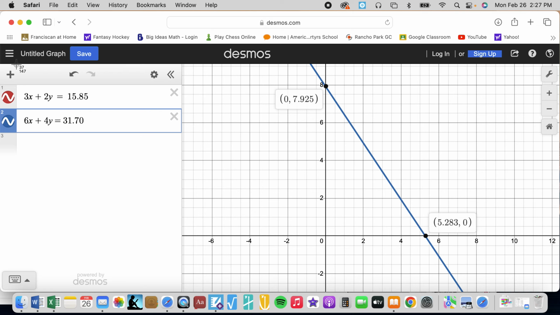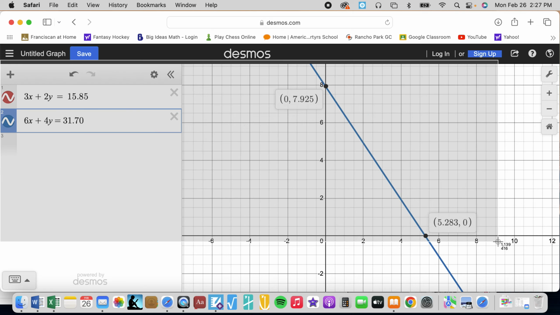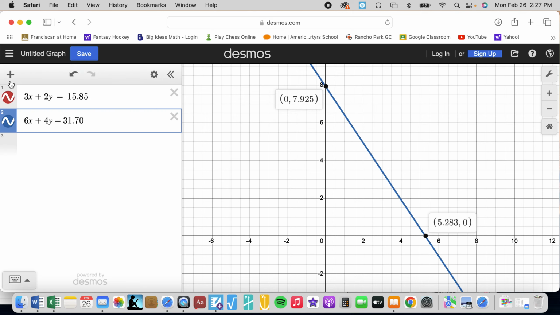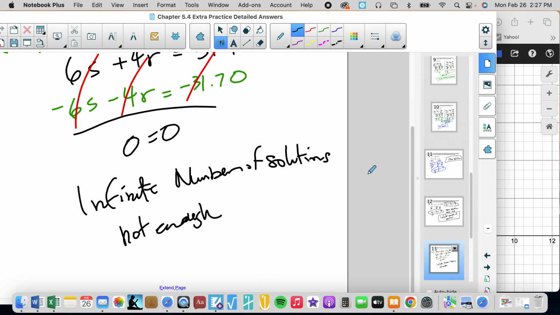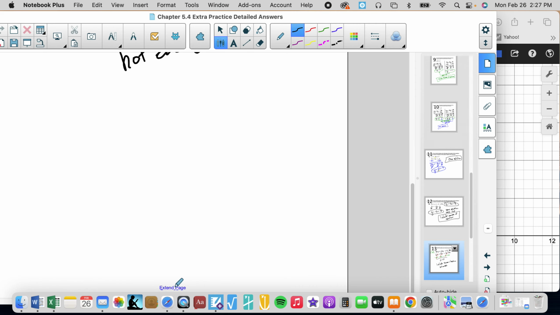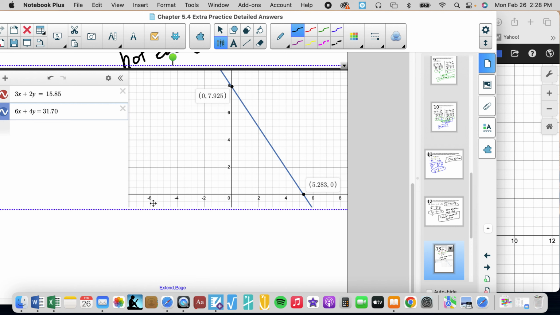This is an important thing. And then anything in between it. So these are all of the values in dollars. Now, what you need to be aware of is that's not going to make sense. That's not going to be one of the solutions because you can't have a half of a penny, and you can't have 3/10 of a penny either. So $5.28 and 3/10, that doesn't make sense.